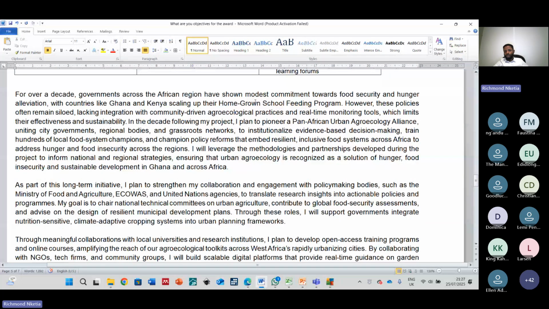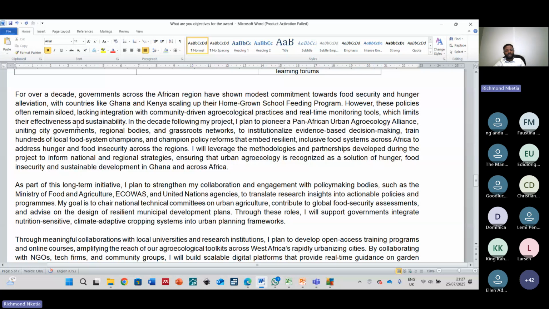So they've shown modest commitment towards food security and hunger alleviation, with countries like Ghana and Kenya scaling up their homegrown school feeding program. However, these policies often remain in isolation, and they lack integration with community-driven agroecological practices and real-time monitoring tools, which limit their effectiveness and sustainability.